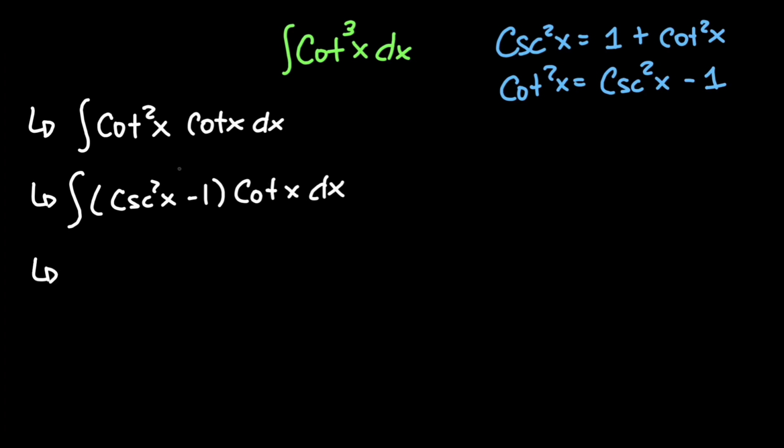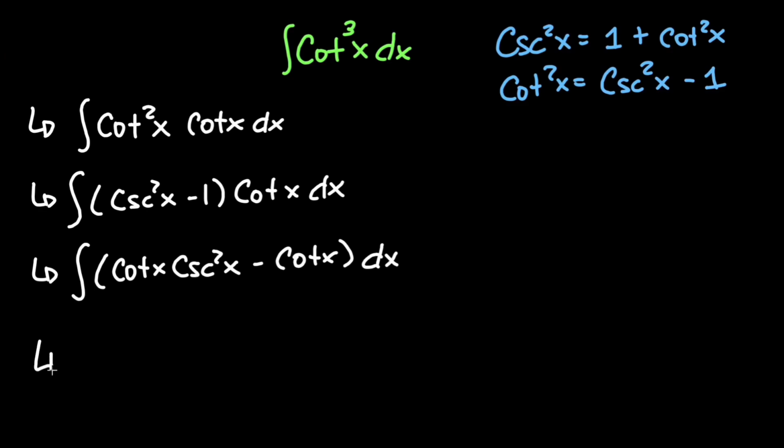So multiply cotangent amongst the parentheses. So this would be the integral of cotangent of x multiplied by cosecant squared of x minus cotangent of x dx. Split the integral apart, so you would have this value.